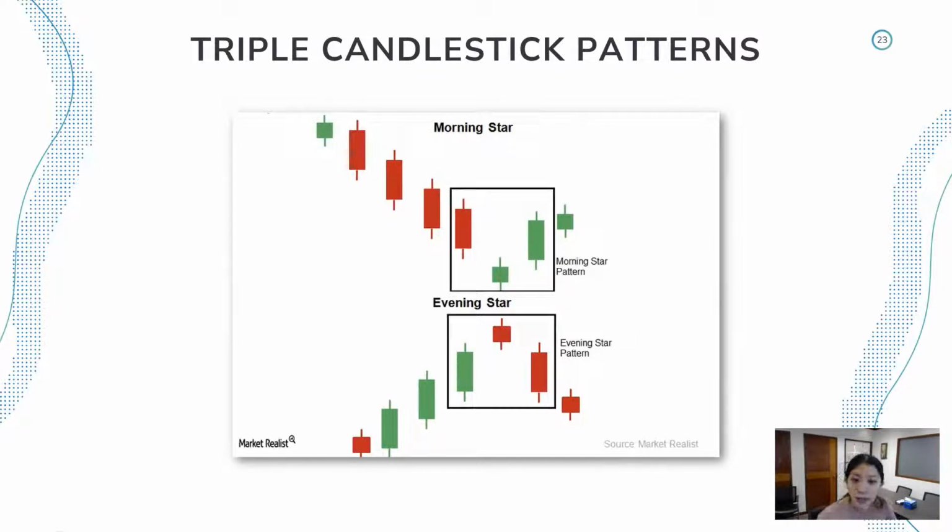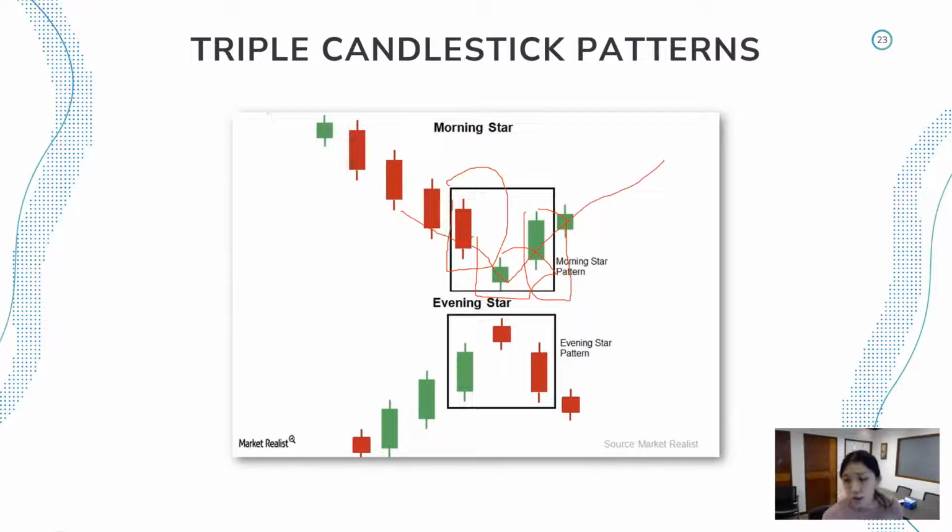So how do you identify a morning star? If you spot this shape, this is a morning star shape, when the sun is going down and it's going to rise from here.